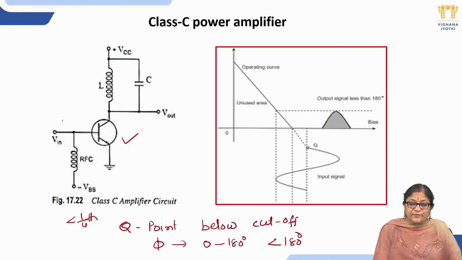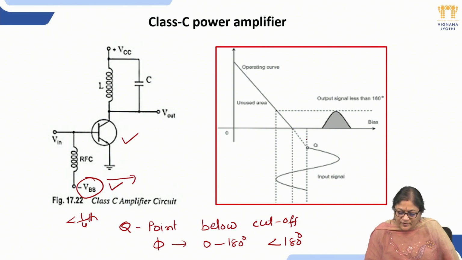So if you look at the circuit diagram, the output generally goes through an L and C circuit, or otherwise we can simply add the load instead. Here a minus VBB is applied at the input signal. By applying the negative voltage, the operating point, which is generally a maximum of VCC and a minimum of 0, instead goes deeply down to minus VBB.